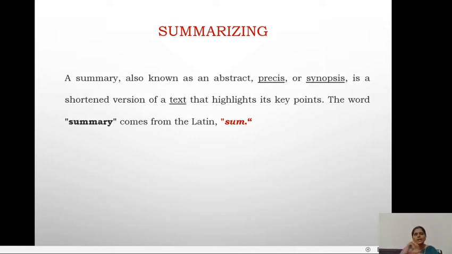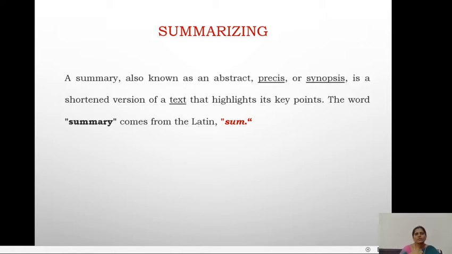Once you decide that the text is something important to read or useful to you, we scan it, like whatever specific information we want, we try to find from the text.